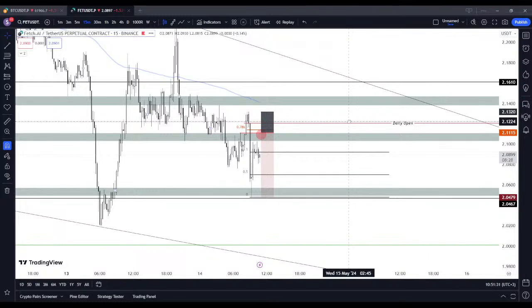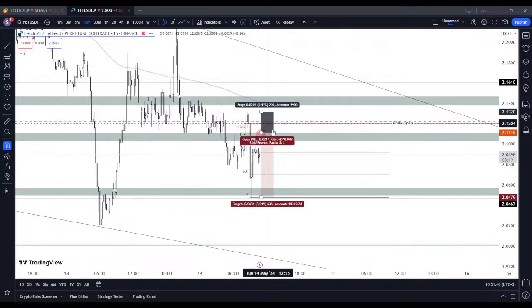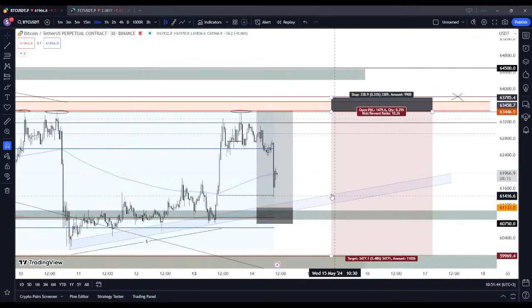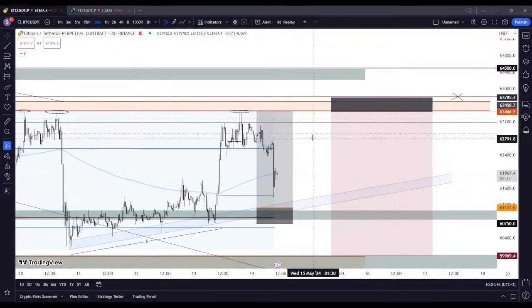Okay. Usually, if you are bullish, you want a displacement above daily open. And if you are bearish, you're looking for bear setups, you want a displacement below daily open. That being said, and looking at Bitcoin, well, we displaced daily open to the downside.